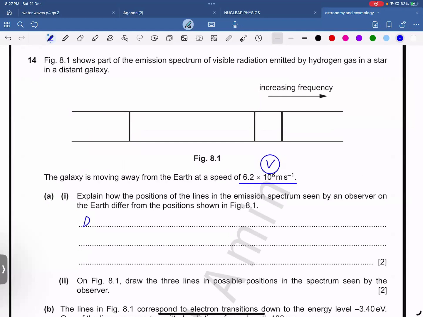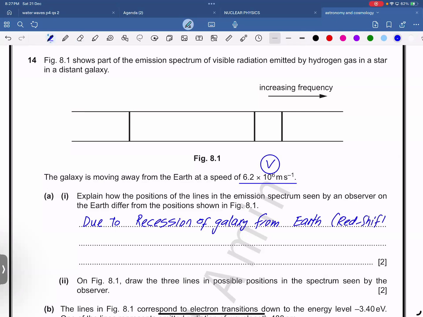So due to recession of galaxy from Earth, that is redshift, yes? Observed frequency is less.